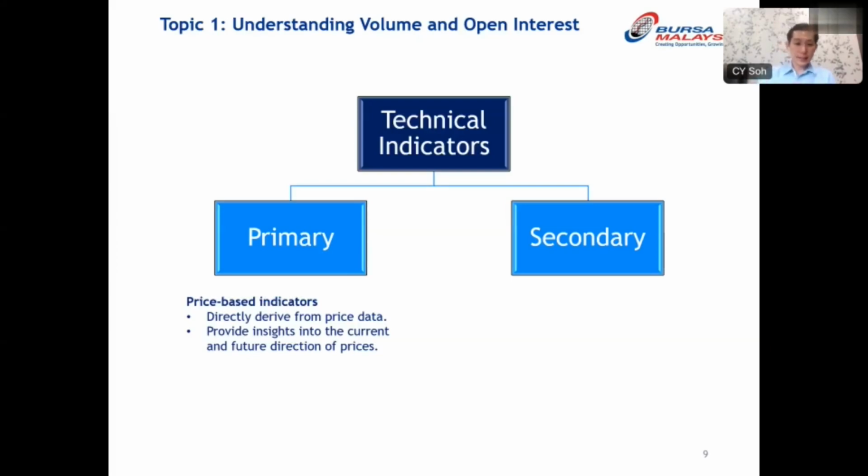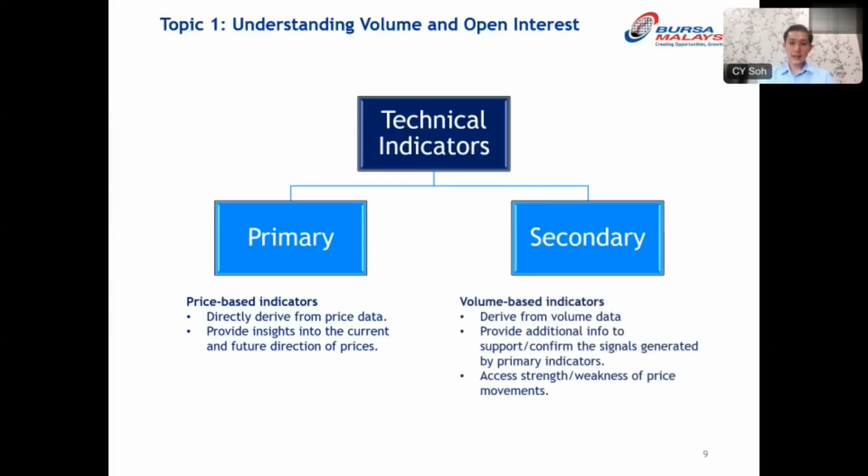Whereas for secondary indicators, there are a few types: volume-based indicators or strength-based indicators. Today, I will be mainly talking about volume-based indicators. These indicators provide additional insights to support and confirm the signals generated by your primary indicators.